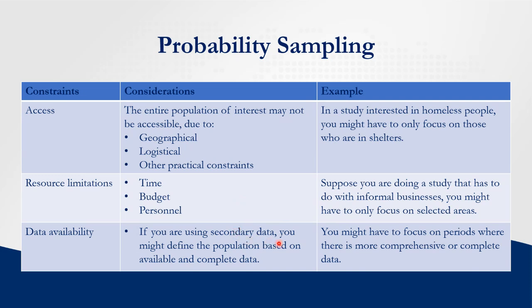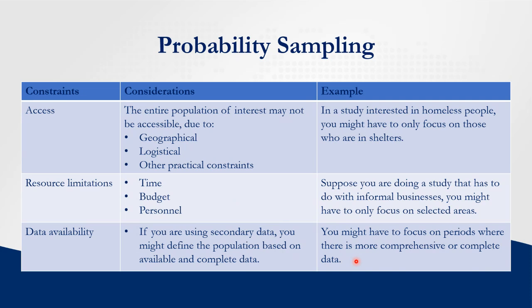And data availability, this one is applicable when you are using secondary data, right? Sometimes you might define your population a certain way. When you actually see the data, you find that it doesn't have everything that you wanted. Let's say, for example, there are quality issues with the secondary data, maybe due to COVID or some interruptions, you have years where they were not updating the database as regularly as they did.